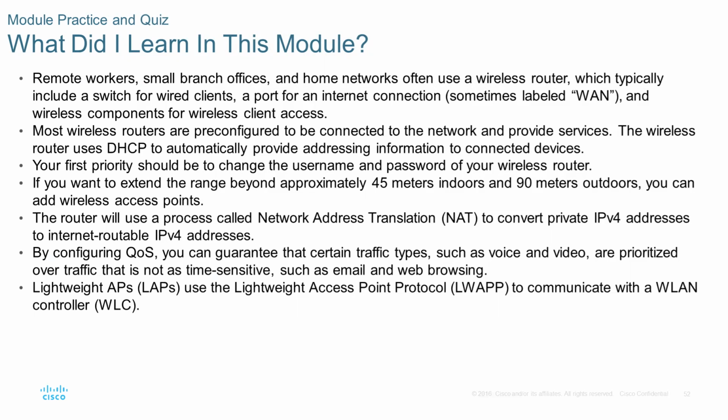So we looked at setting it up using lightweight access points with a lightweight access point protocol, which is what's used to communicate between the controller and the access points.